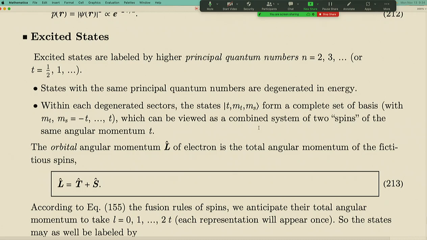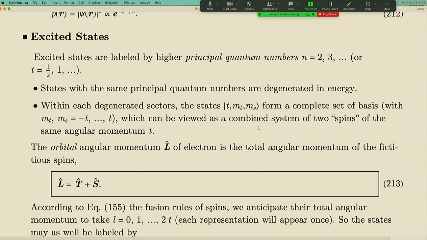And you can follow this exercise and keep doing it. Let me show you another one, and then the rule will be very clear. How do I do 3/2 fuse 3/2? Then the angular momentum will range from the difference between these two all the way to the sum of these two, which is 3.